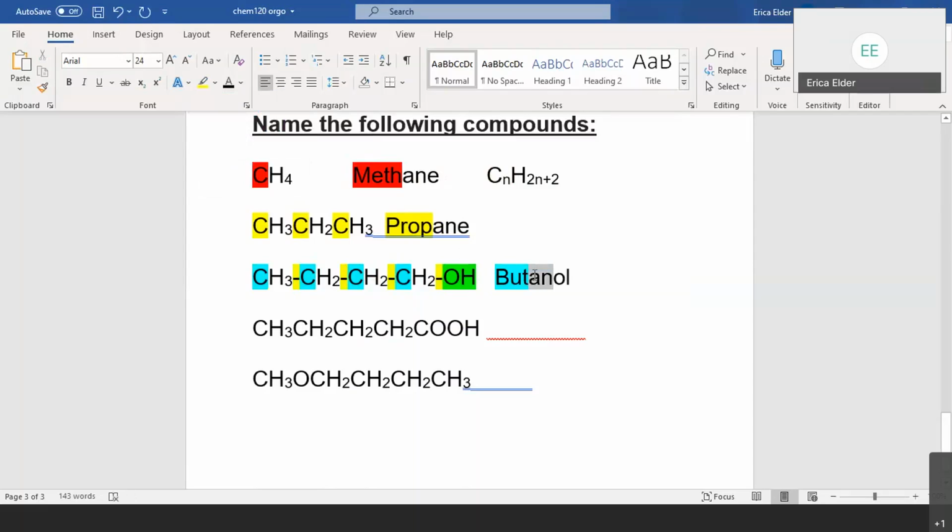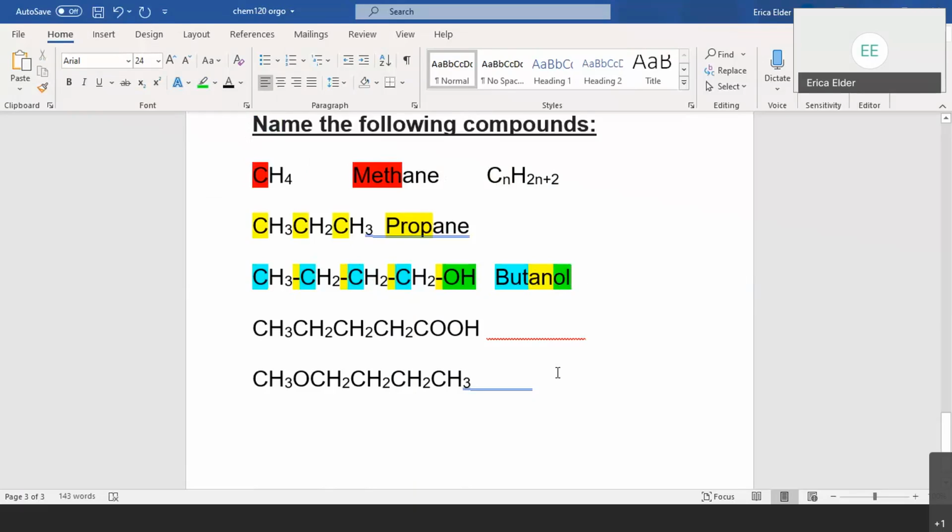But we know that according to our rules, if there is a functional group, there will be an appropriate ending to use once we omit the letter E at the end. And in this case, our ending is going to be OL. So this is where the entire name butanol comes from. We have our number of carbons, the bonds that we have, and the functional group.